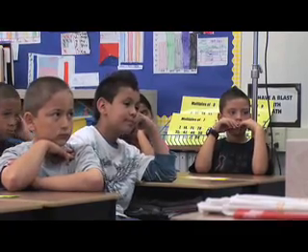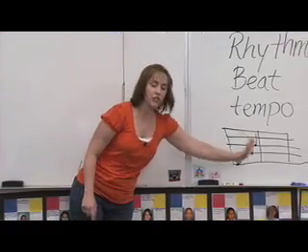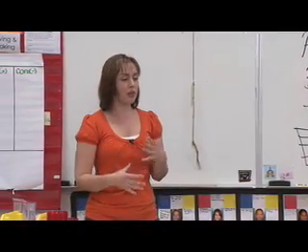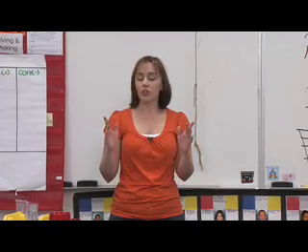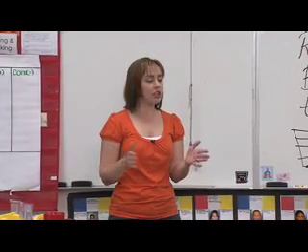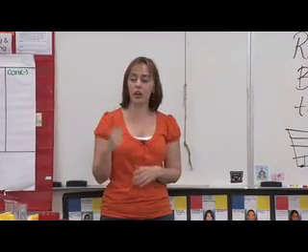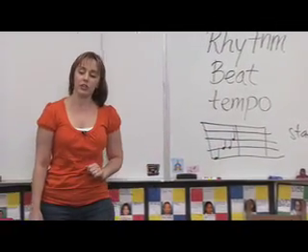Yes. Excellent. Well, today what we're going to do is really just look at two measures worth of music. We're going to clap out some rhythms that you might find within two measures. So the first one I want to do is simply counting out four simple beats two times. So that would be two measures worth of music.